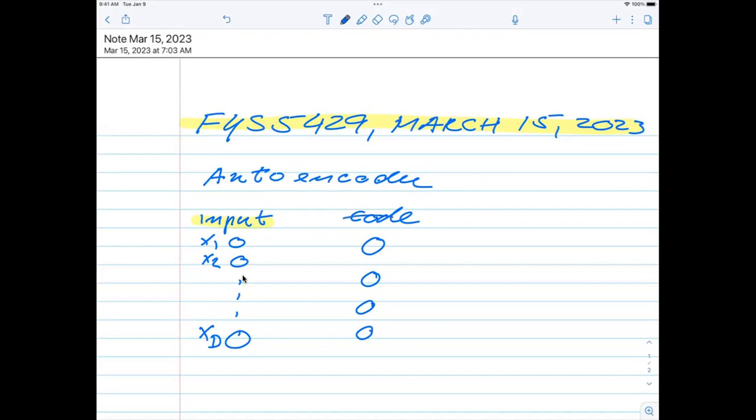So what we have then is a code part which has nodes h1, h2, down to h of m.